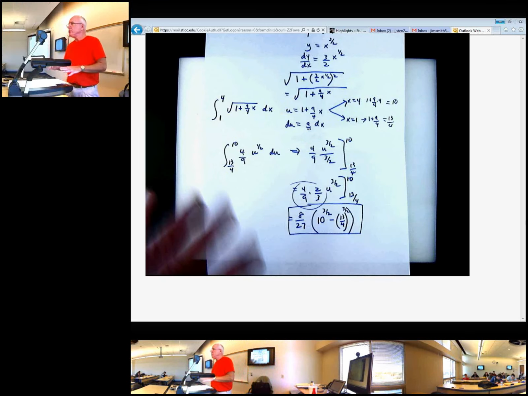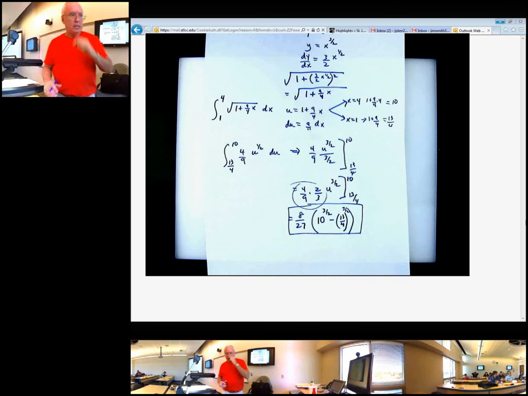Any question on just the first example? It all centers around the formula here.